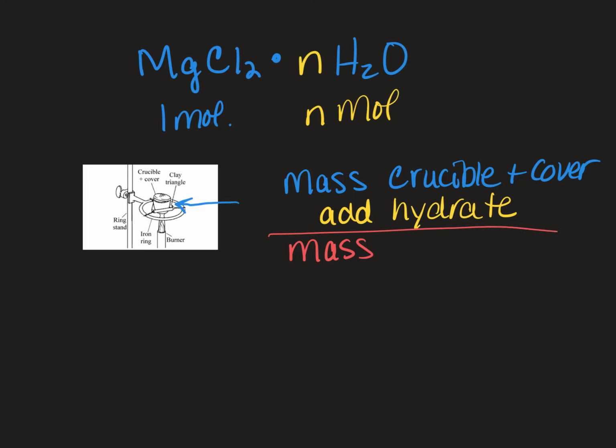So that would be the mass of the whole thing. And then we would heat it, and continuously heat it for a fair amount of time. Then we would have to take it off very carefully. We have to use crucible tongs, let it cool, and then bring it to a desiccator.